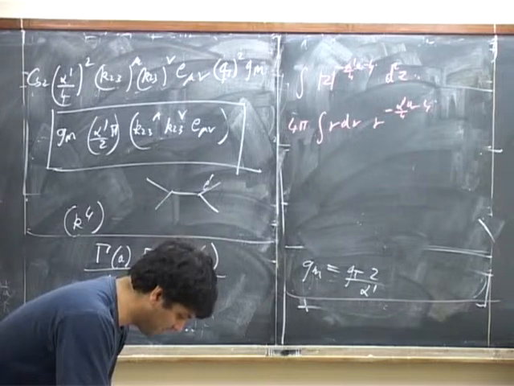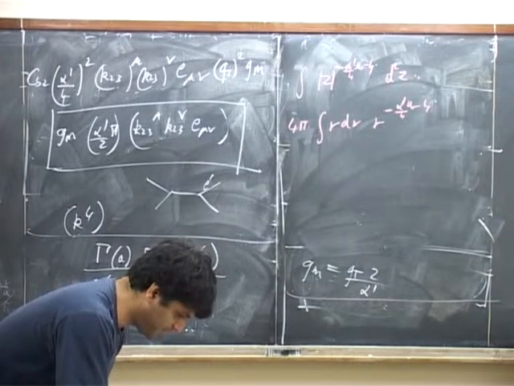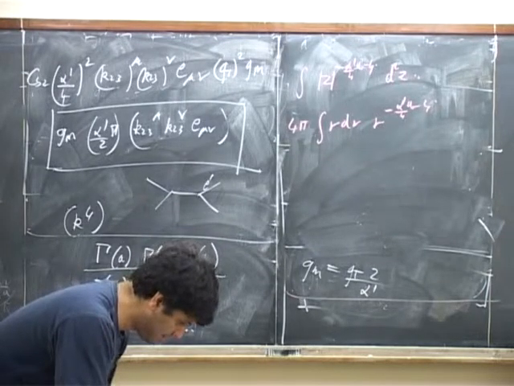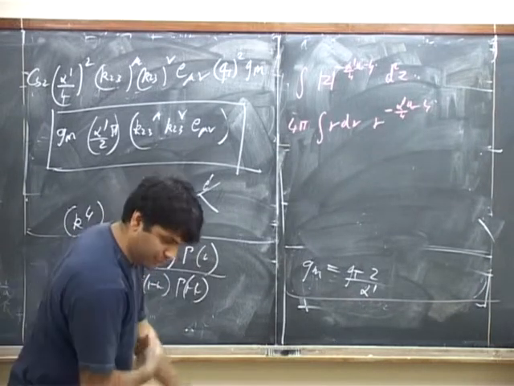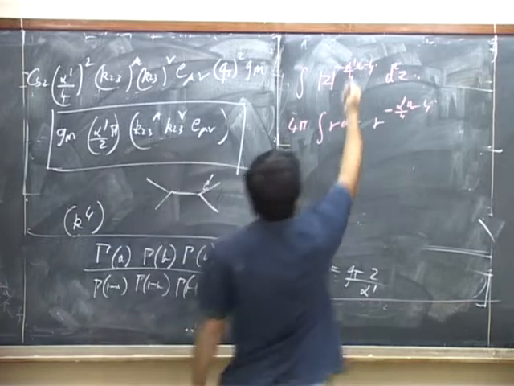Sorry, let me say the formula like by 2 minus alpha prime u by 2 minus.